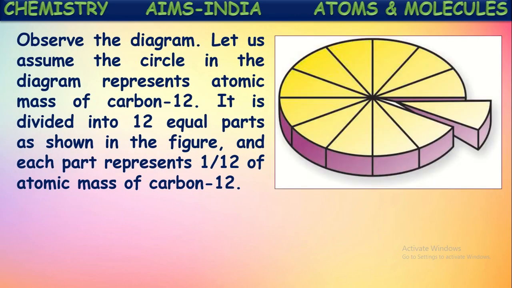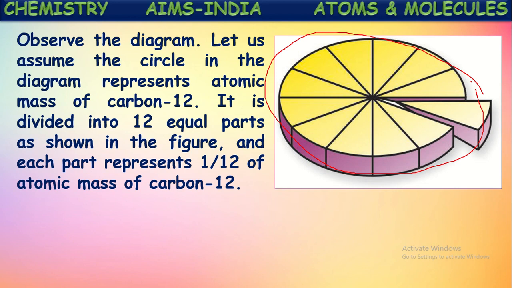Observe the diagram here. Let us assume that the total circle in the diagram represents the atomic mass of carbon-12.